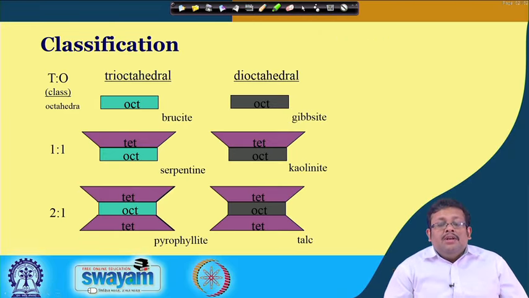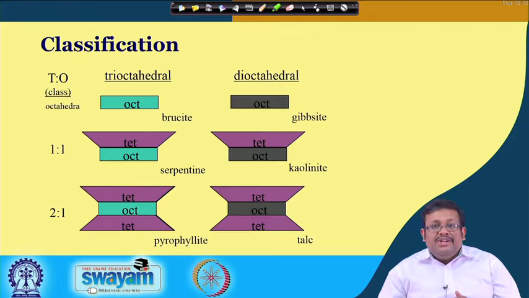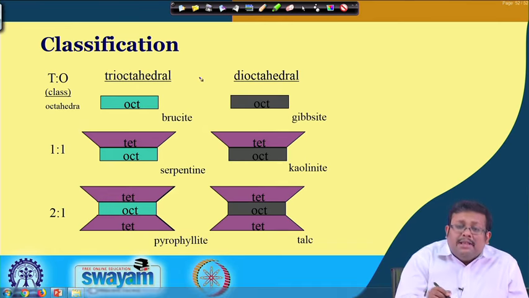So, based on 1:1 layer or 2:1 layer, and whether it is trioctahedral or dioctahedral, you can differentiate the soil clays into the following categories. The broad categories are trioctahedral and dioctahedral.